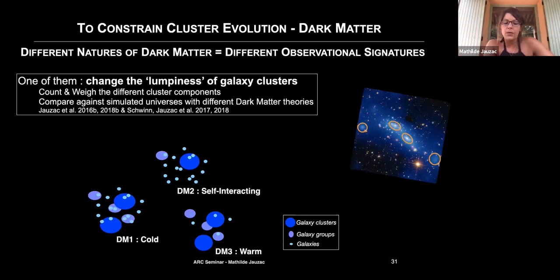This is a sketch that I've made, so don't take it too precisely, but it illustrates my words: depending on whether your dark matter is cold, self-interacting or warm, for example, you're going to have more or fewer of those substructures that you detect from your lensing analysis. So basically, dark matter is going to change the lumpiness of your galaxy cluster.